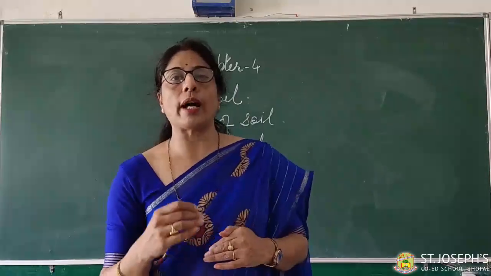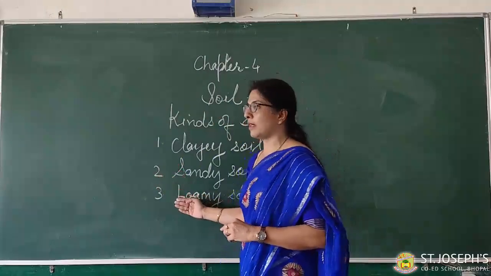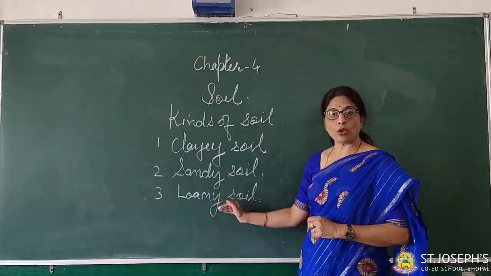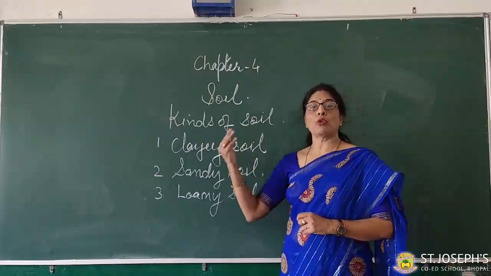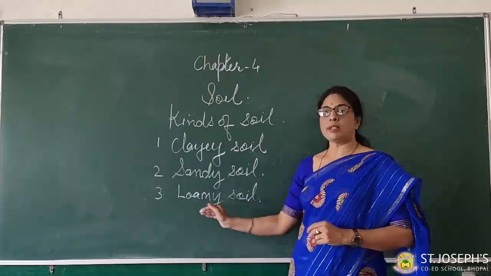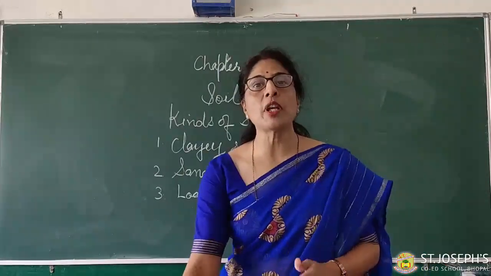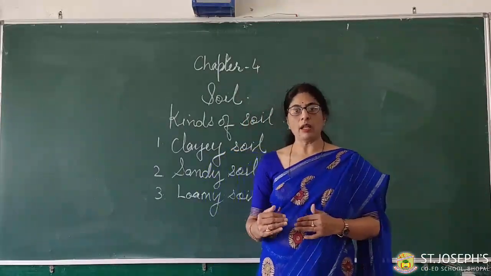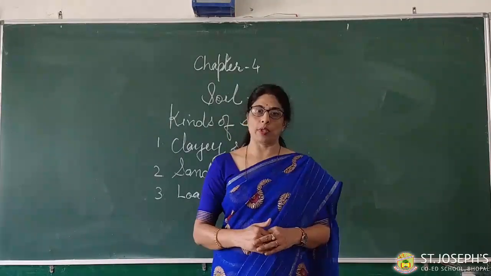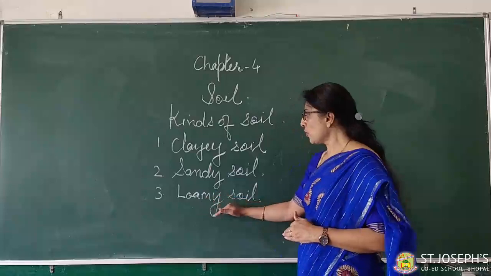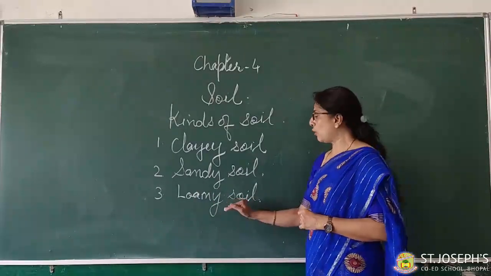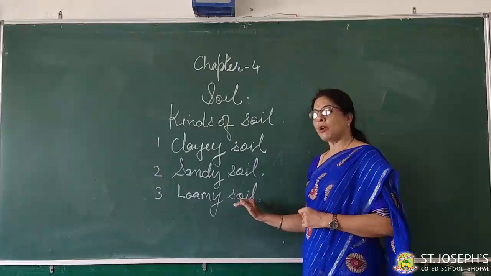Along with these two kinds of particles, loamy soil contains air as well as water, microorganisms, and moreover it contains humus also. It means loamy soil is a very good mixture of sand, clay, water, air, microorganisms and humus. That means most of the plants can be grown very nicely in loamy soil, and loamy soil is very good for plants.